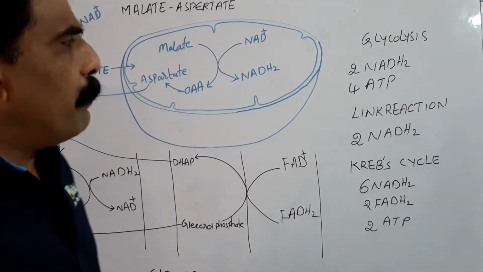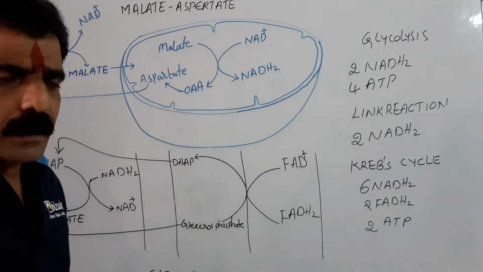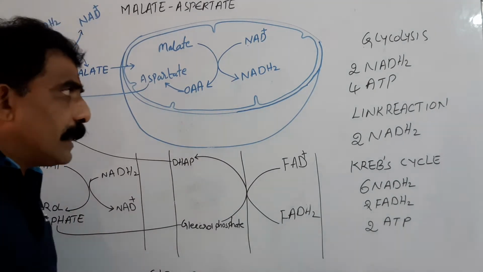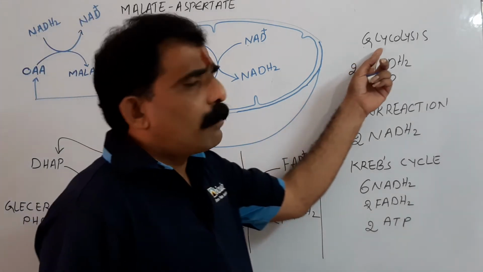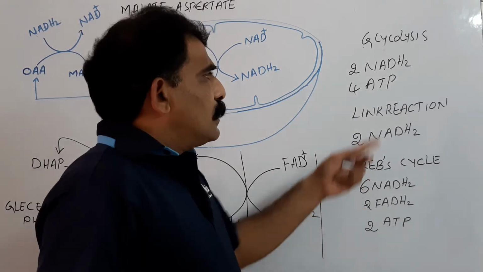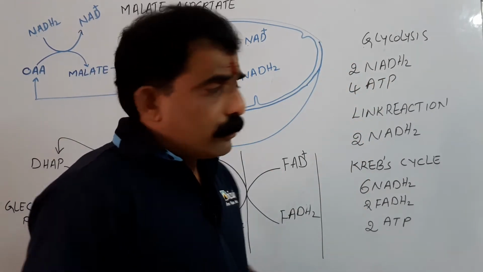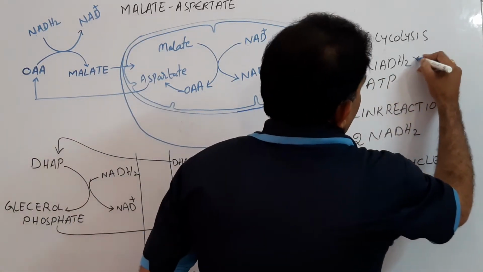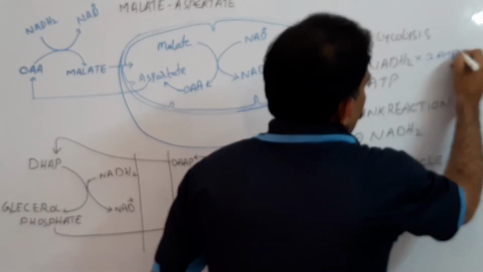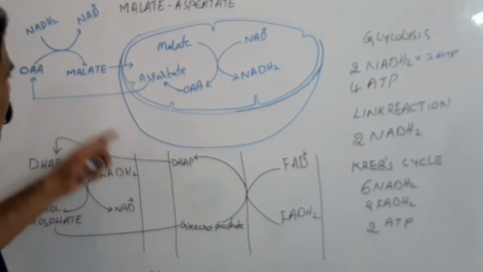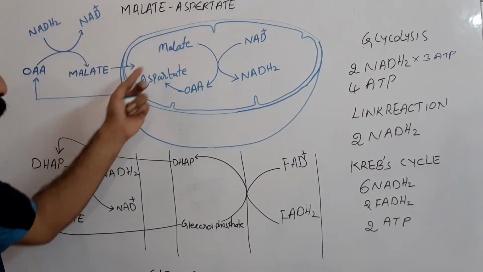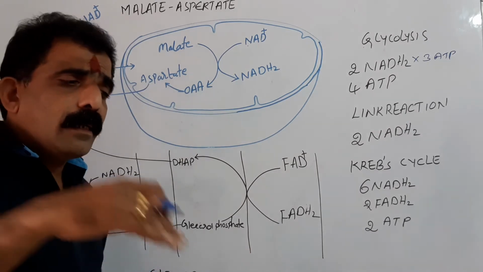So when the malate aspartate shuttle is operating, let us calculate how many ATPs are formed. Coming to glycolysis, in glycolysis 2 NADH2 are formed. Each NADH2 is equal to 3 ATPs, because the cytosolic NADH2 in the case of the malate aspartate shuttle results again in NADH2 itself, even in the matrix.